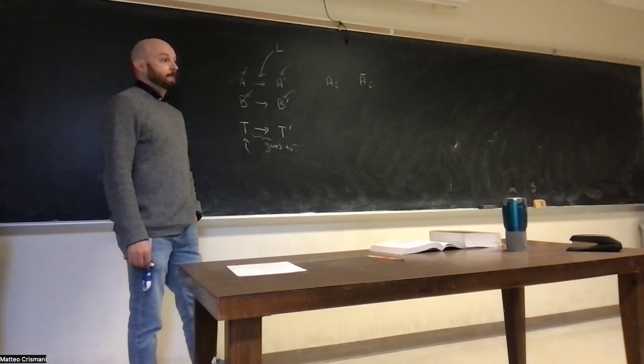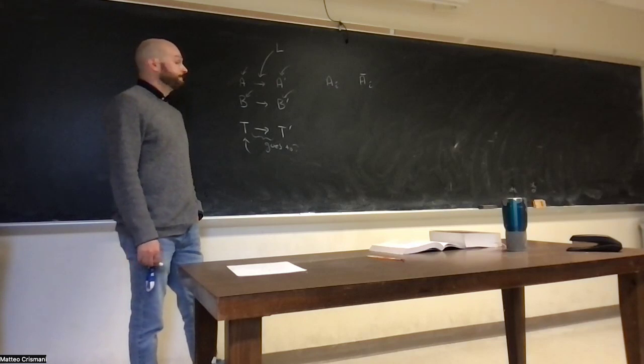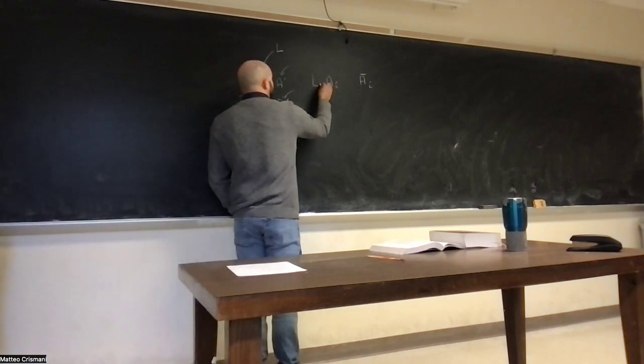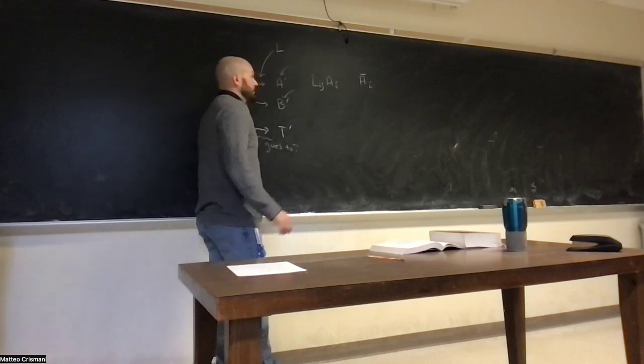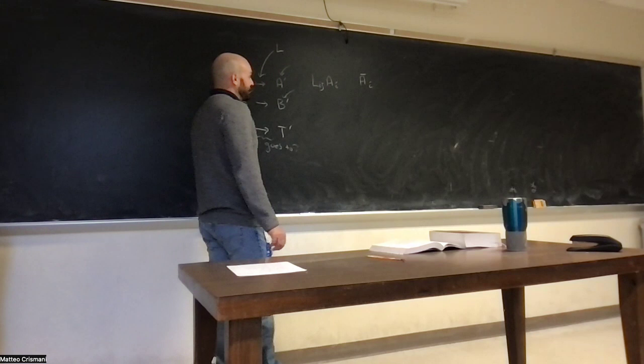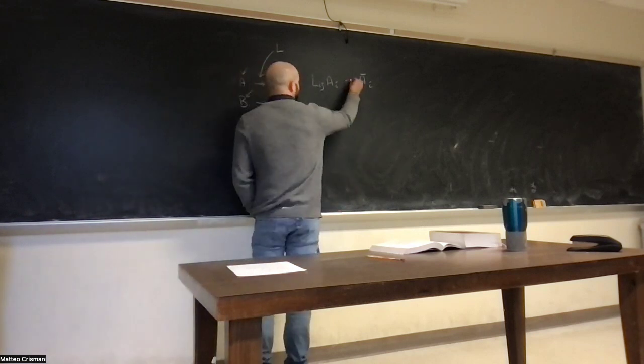Is it just multiplying by L_ij? On the A side, right? So I multiply this by L_ij, like that? Is that true? Look at it.